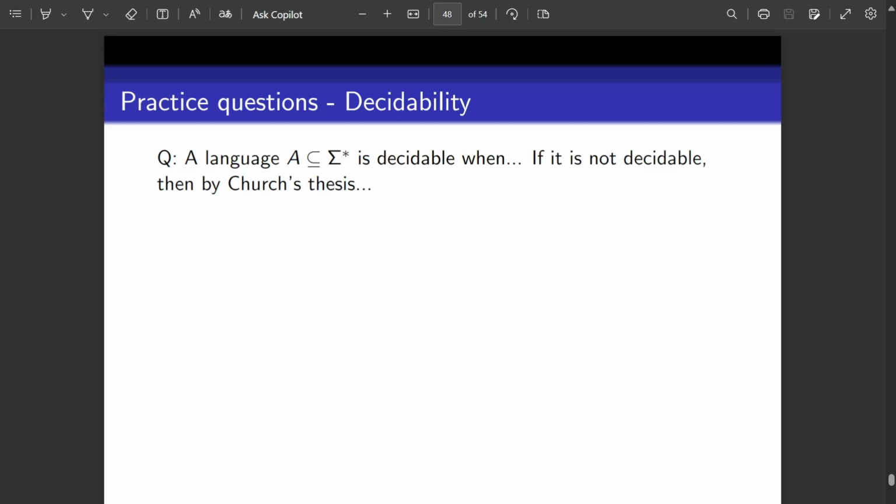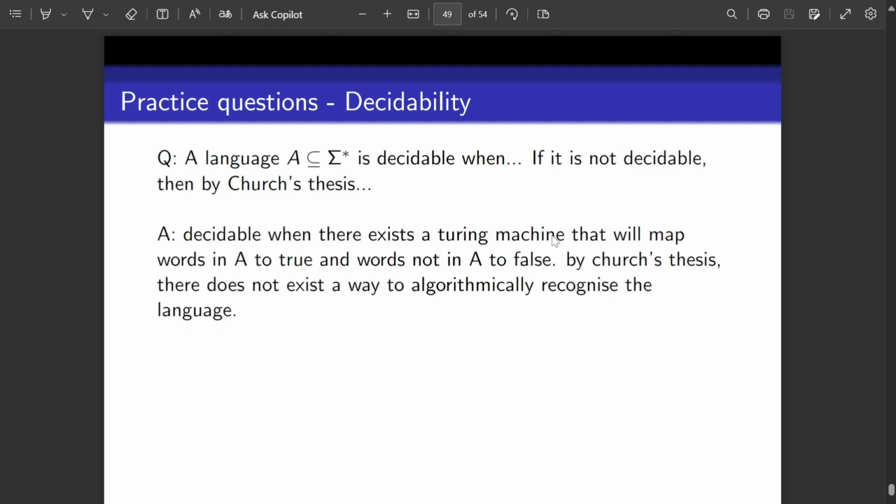A language A, a subset of sigma star, is decidable when there exists a Turing machine that tells you if a word W is in the language. If it's not decidable, then by Church's thesis, a Turing machine does not exist that tells you if a word is in the language or not. Yeah, that's good. More specifically, they wanted us to mention that it cannot be done algorithmically.